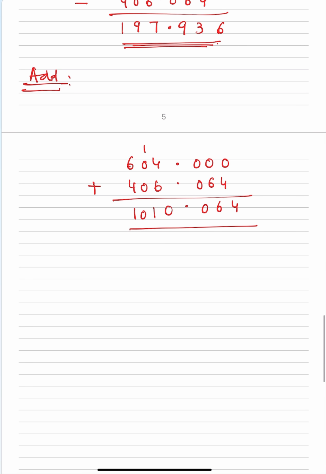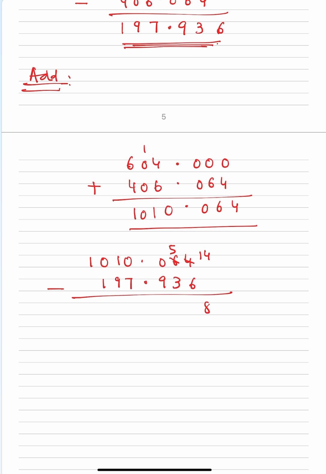So again we have to do the same. So 1010.064 minus 639.79 and 1. This is 514.